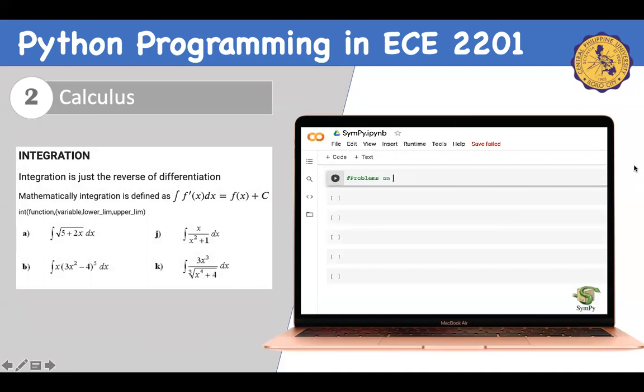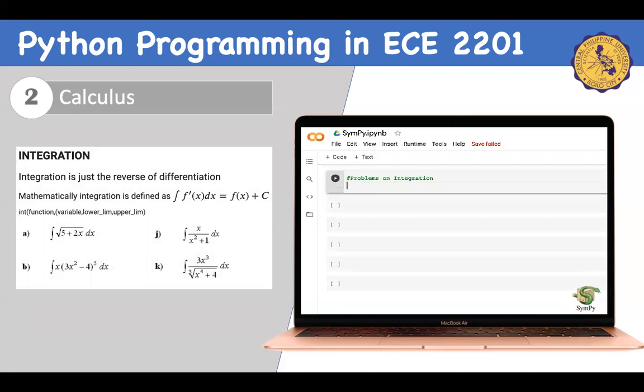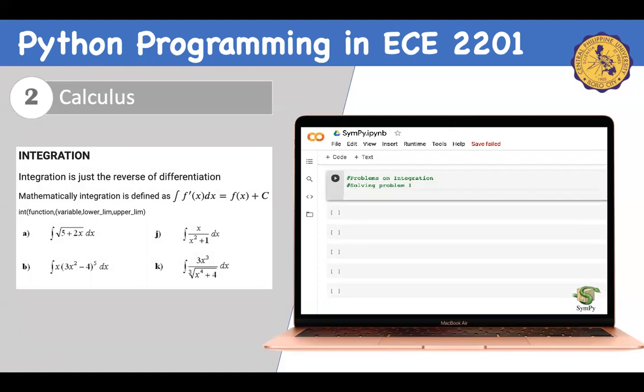So for the first problem on integration, let's solve problem A. Now take note, for integration we use integrate, not int, okay? Int is for integer.